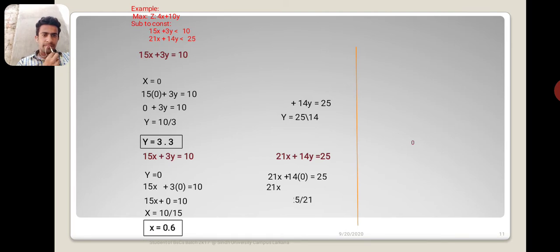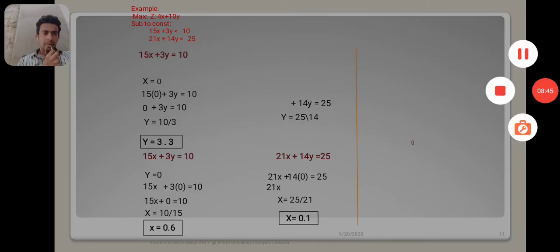X is equal to 25 over 21. X is equal to 0.1.